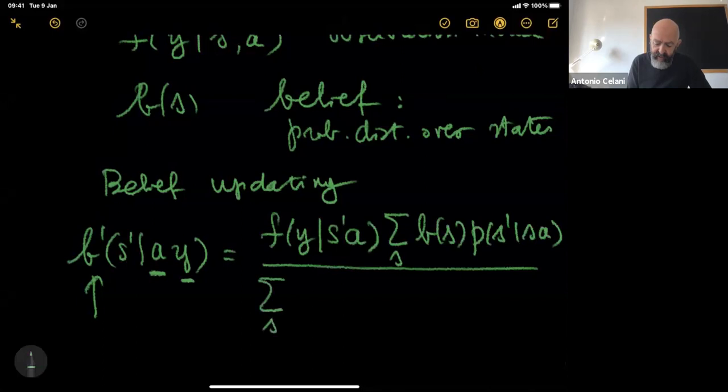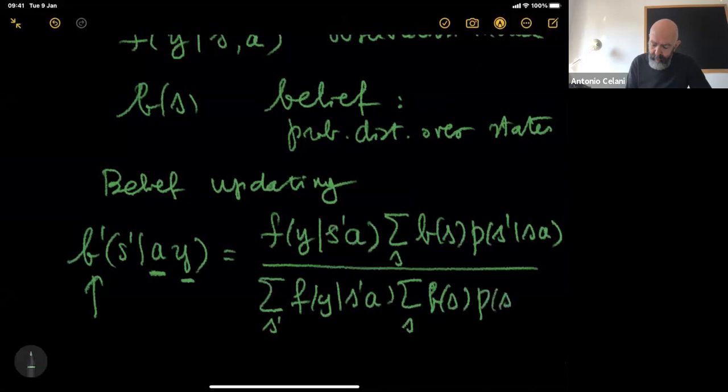So sum over S prime. This is exactly the same formula that we wrote previously for Bayesian updating, only with a slight change of definitions and with the fact that we have introduced actions now.